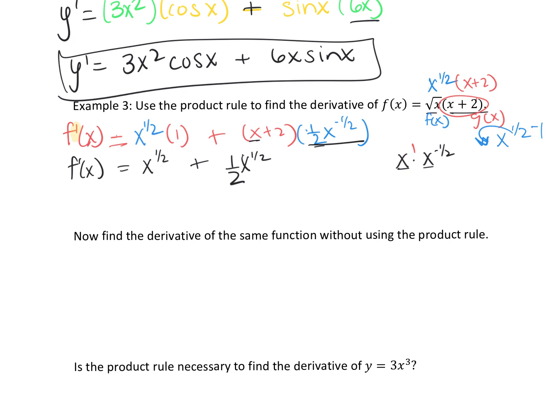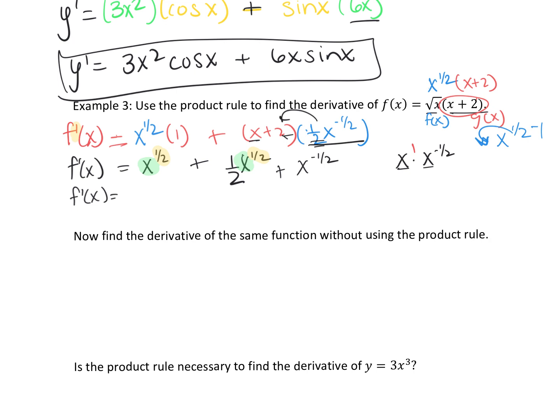Times, and now we're going to distribute to this. Well, 1/2 times 2 is just 1, so I'm just left with x to the negative 1/2. So what we want to do now is put like terms together. This has the same base as an x, and these have the same exponents. Don't worry about the coefficients, but if those are the same, then I can add the coefficients.